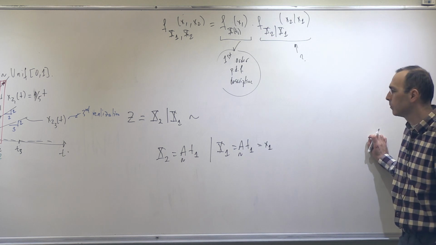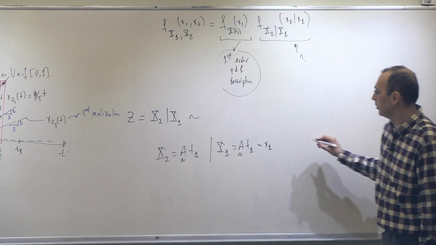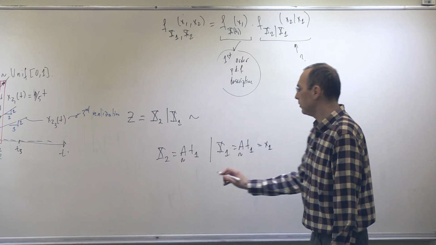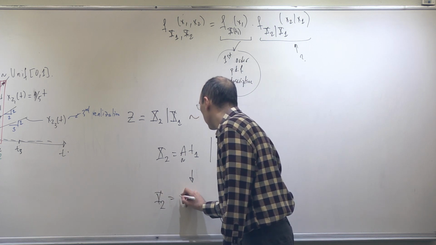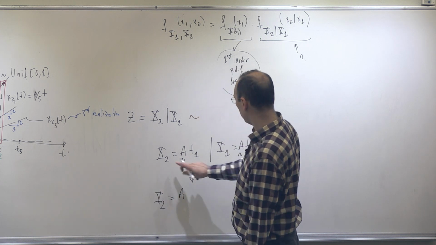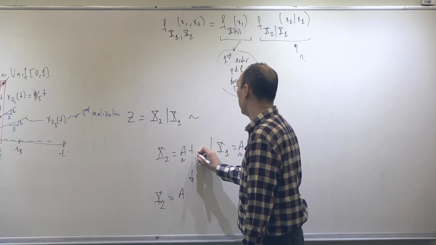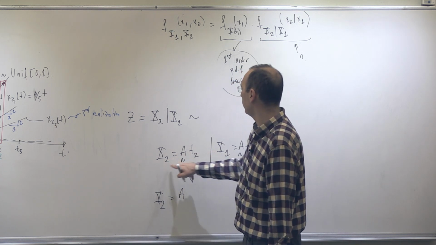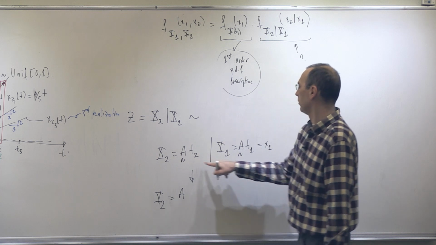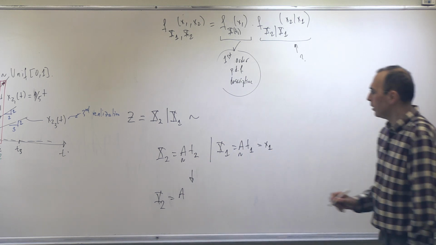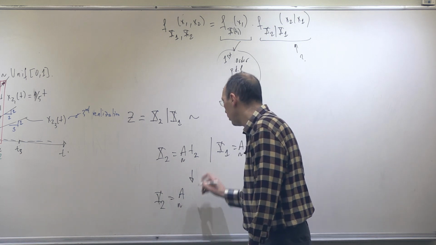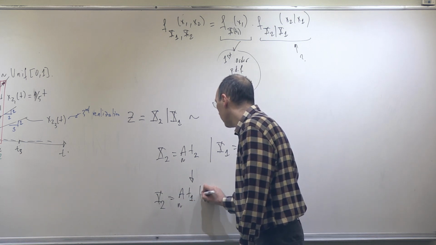Conditioning. Okay. Well, how about this? Let me rewrite this, even though this is trivial. x2 is equal to a, so this is x2, there should be t2 over here, isn't it? x2 is equal to a times t2. x1 is equal to a times t1. Okay. So let me write this like this, t2.